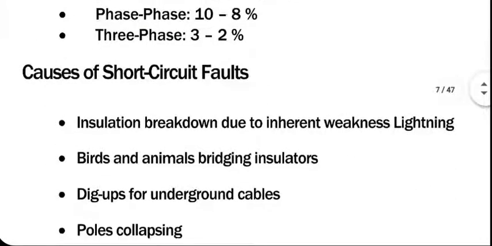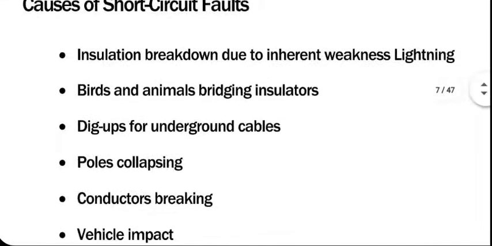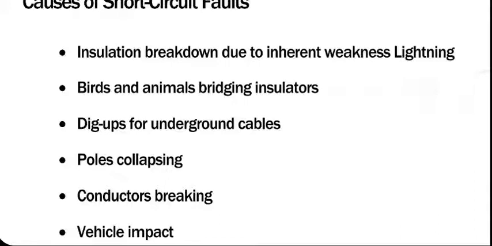Short circuit fault causes are here. Insulation breakdown, insulation on the conductor, I mean, or insulation on the windings. Then there will be short circuit. Birds and animals can do short circuits. If you are digging the ground, you may accidentally cause short circuit in the underground cables.